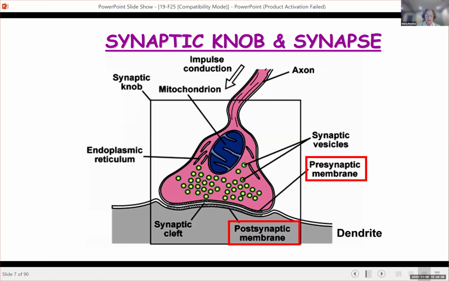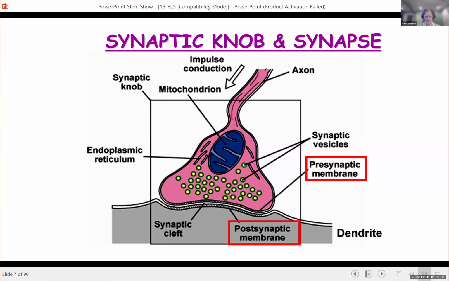Okay, so now here you see synaptic knob. So what's happening is pretty similar to what happens at the neuromuscular junction. Now, instead of having a motor neuron and a muscle fiber, now you have two neurons. So you have the axon of the presynaptic neuron, here shown in pink, and here would be the dendrite of the postsynaptic neuron, represented in gray.